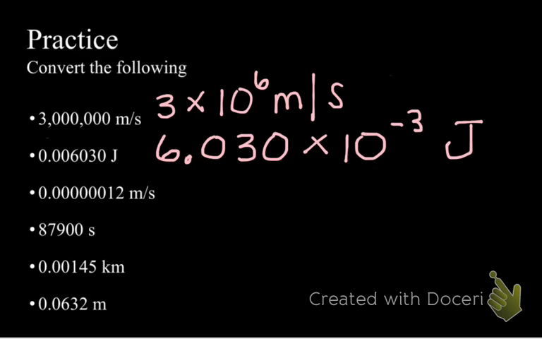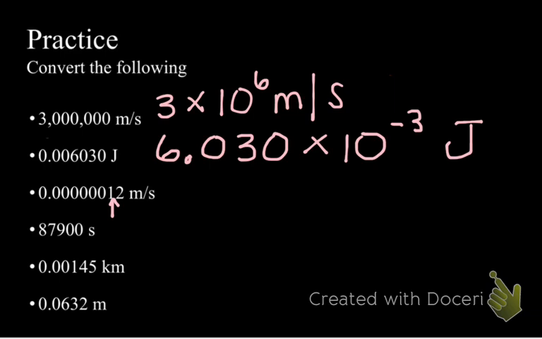Okay. For the next one, it's another small number. This number is less than 1, so my exponent will be negative. And we're going to count how many places it takes to go from the decimal to right between the 1 and the 2, because 1 is the first non-zero number that I see.